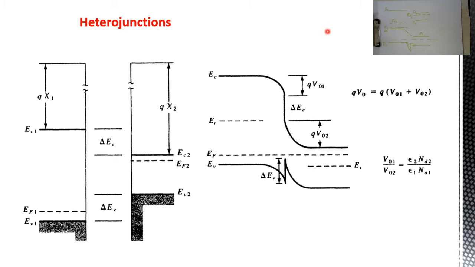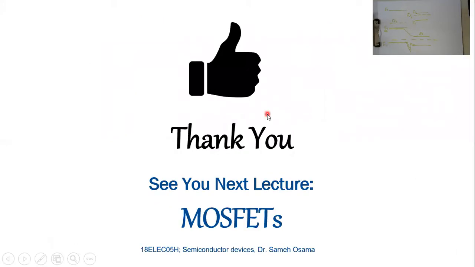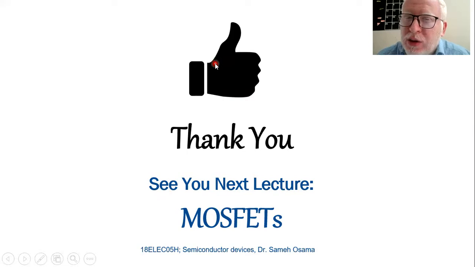So this is the termination of this short lecture dealing with metal semiconductor interfaces and heterojunctions. Actually, the correct name for this lecture should be metal semiconductor as well as heterojunction, because we already studied heterojunction, which is a semiconductor interface.